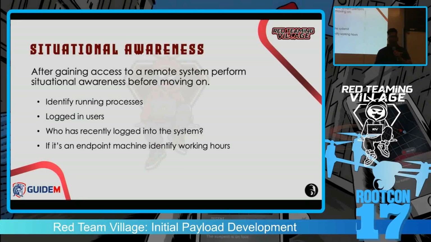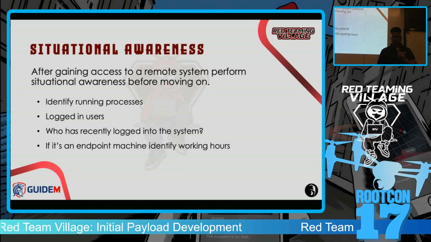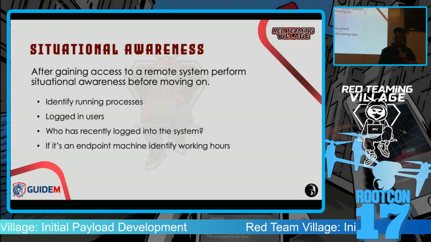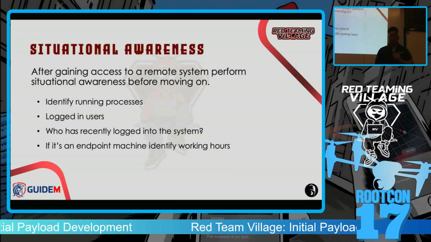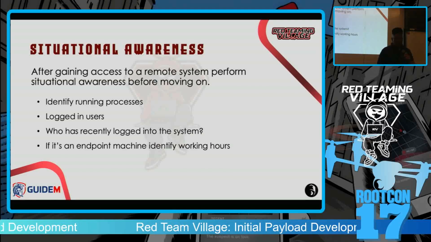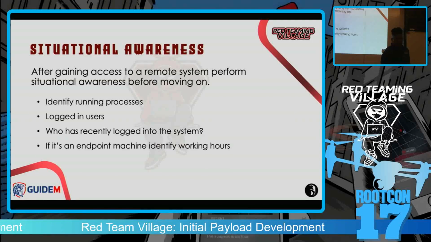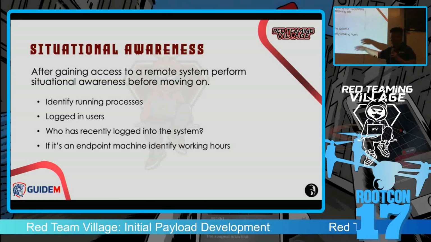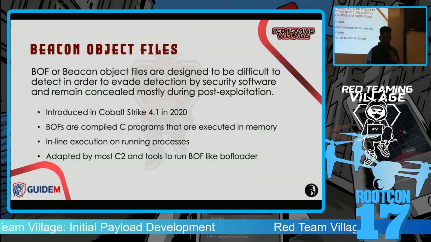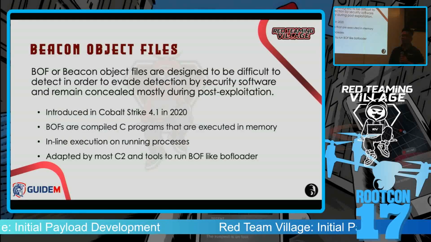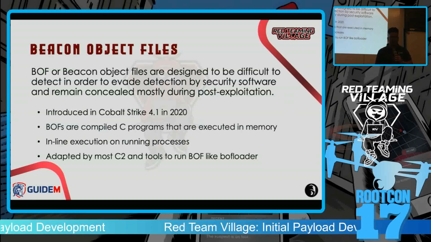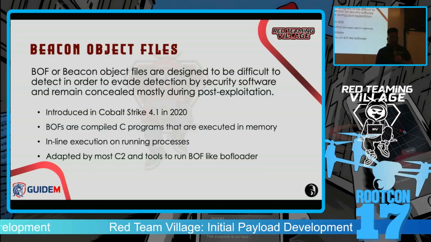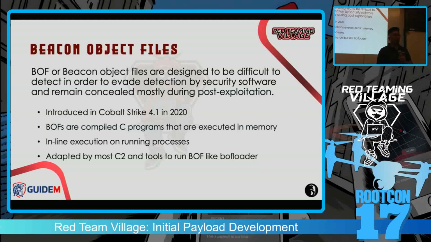So after gaining initial access to remote systems, identify running processes, logged in users, and the other stuff, right? Beacon object files, if you've heard about them, are designed to be difficult to detect.